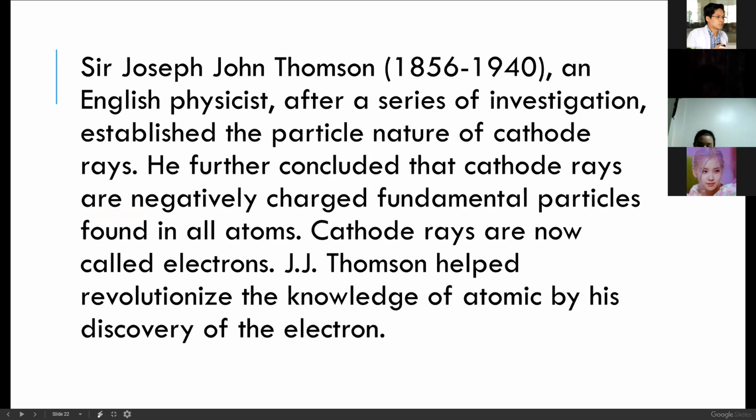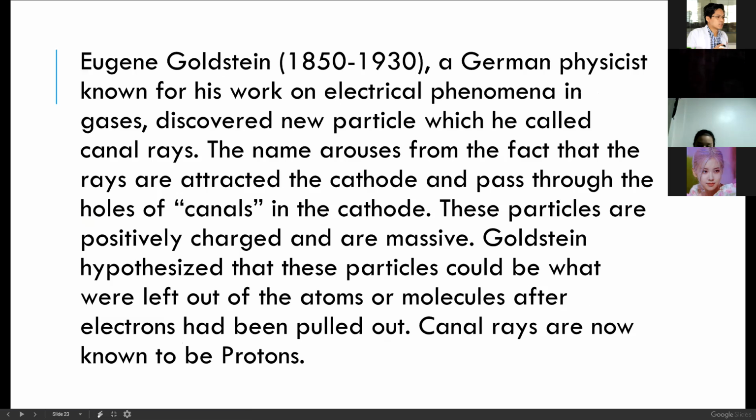He further concluded that the cathode rays are negatively charged fundamental particles found in all atoms. Cathode rays are now called electrons. J. J. Thomson helped revolutionize the knowledge of the atom by his discovery of the electron. How? Later on, we will discuss J. J. Thomson's model.